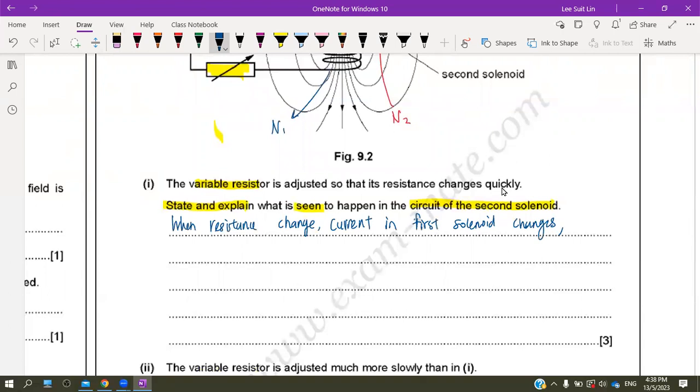And because the current in the first solenoid changes, the magnetic field lines in both solenoids change.